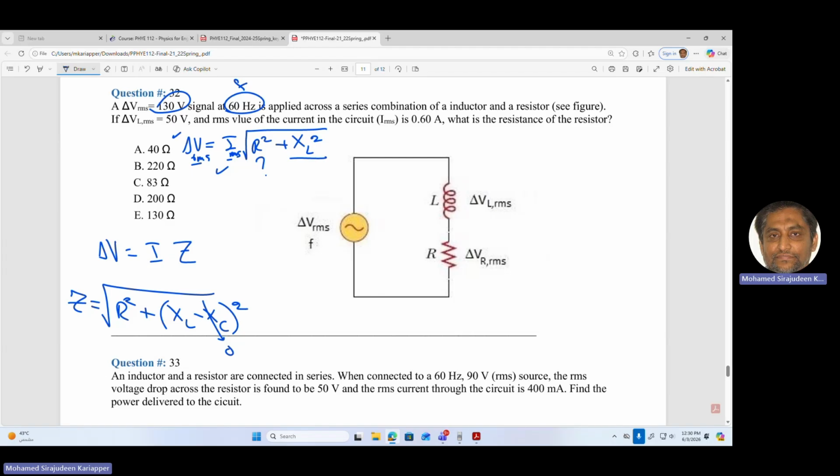Is the inductance given? No. Reactive inductance XL is given, but inductance is not given, right? The question is to find the resistance. Okay, but XL is not given. But can you find the XL? How?